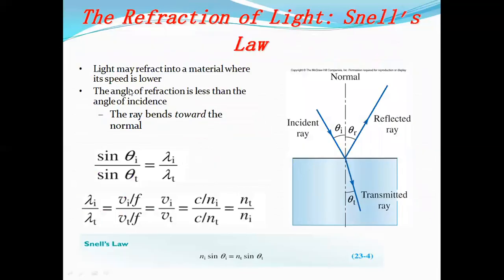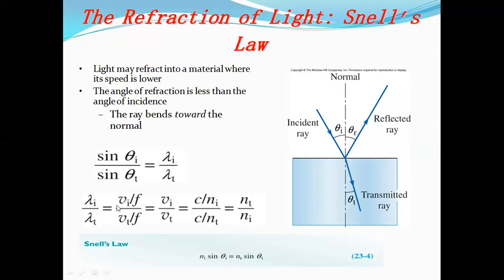This is one kind of practical situation I show you, and this is the relation between velocity and Snell's law. If the incident angle is theta i and the refracted angle is theta t, then Snell's law is sine theta i by sine theta t equals lambda i by lambda t.